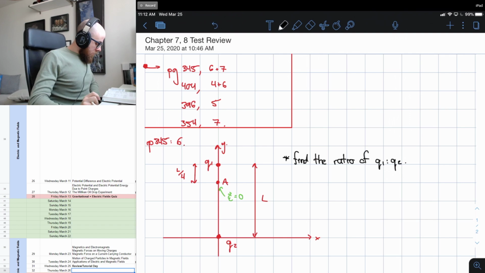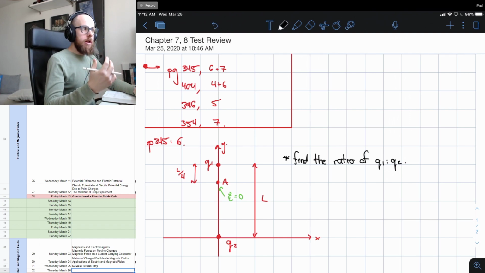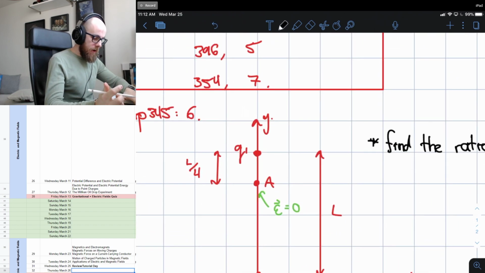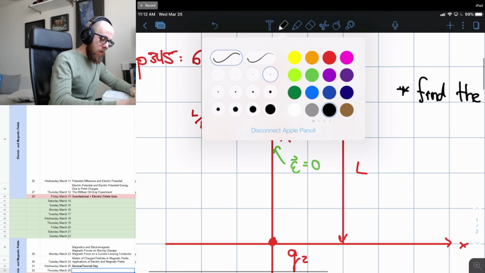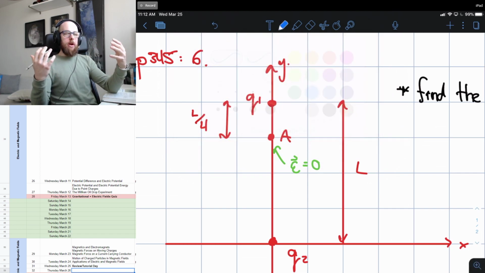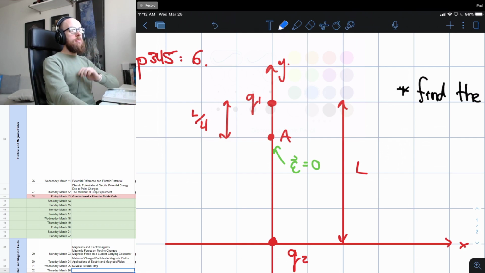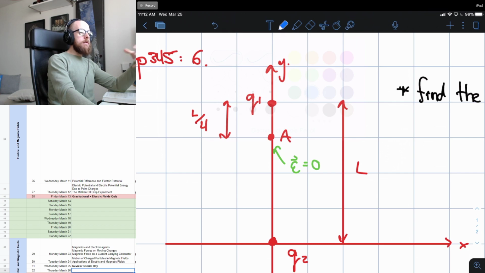Okay, so in order for the electric field to be 0 at that point, we need the two electric field vectors to cancel each other out. Let's assume they're both positive.